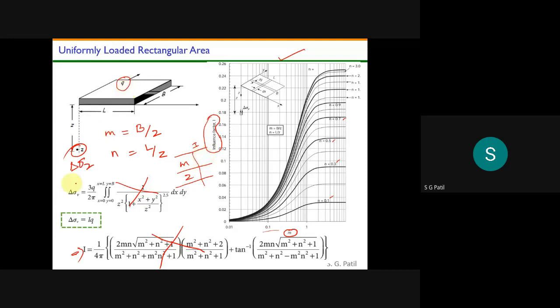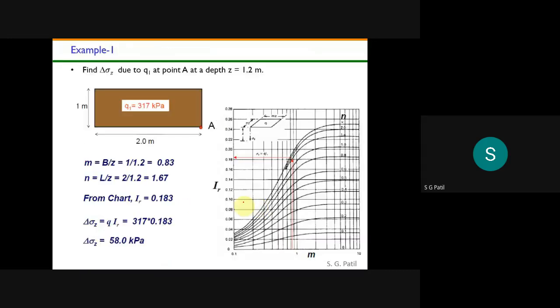Then you will get the increase in stress at one of the corner points. Let us see one example problem here. What they have given? Find delta sigma z due to the Q1 at point A at a depth of 1.2 meter.